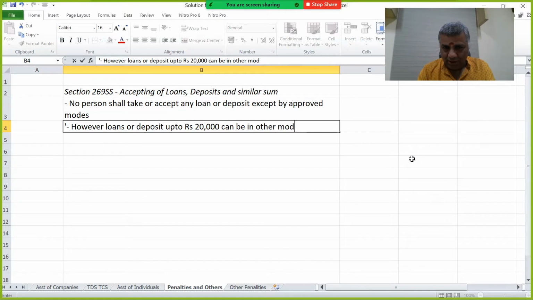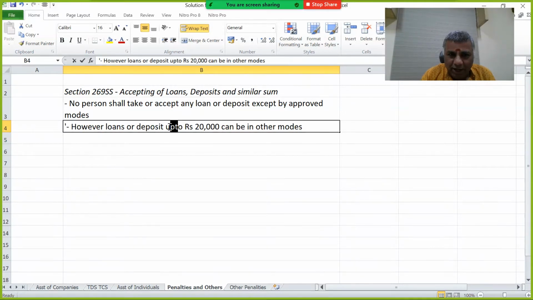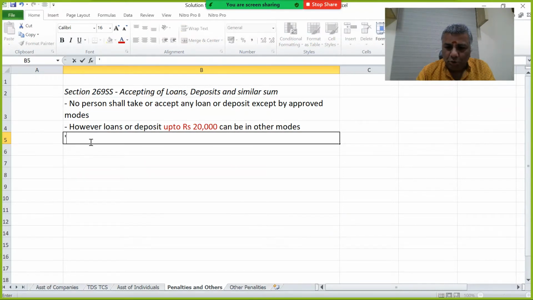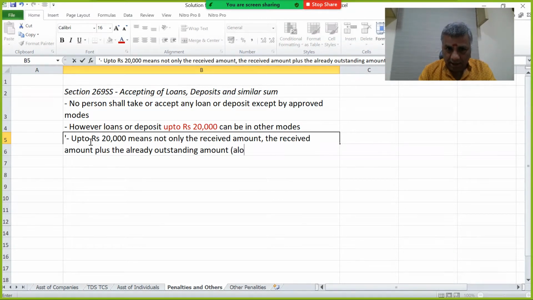Now I am going to make you understand what this up to rupees 20,000 is. It means not only the received amount, plus the already outstanding amount along with interest, should not exceed rupees 20,000.